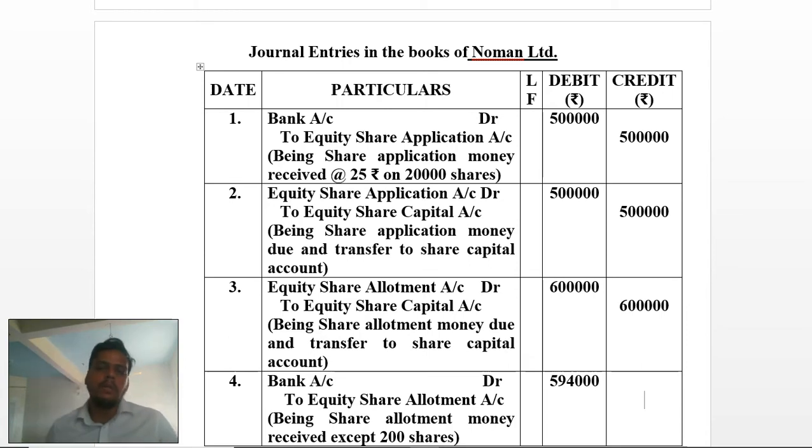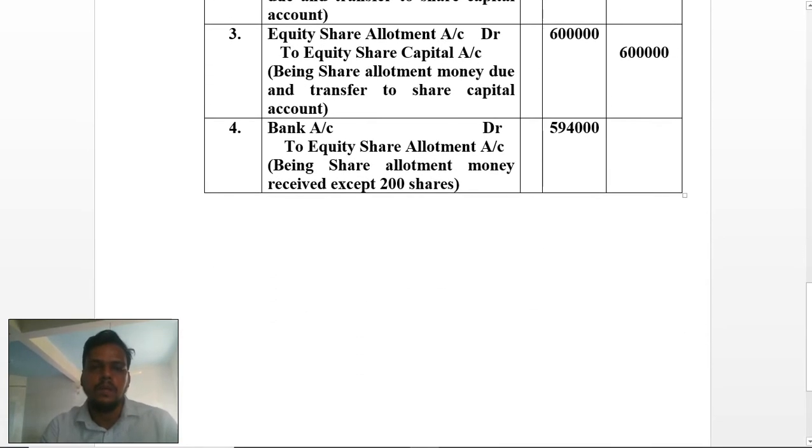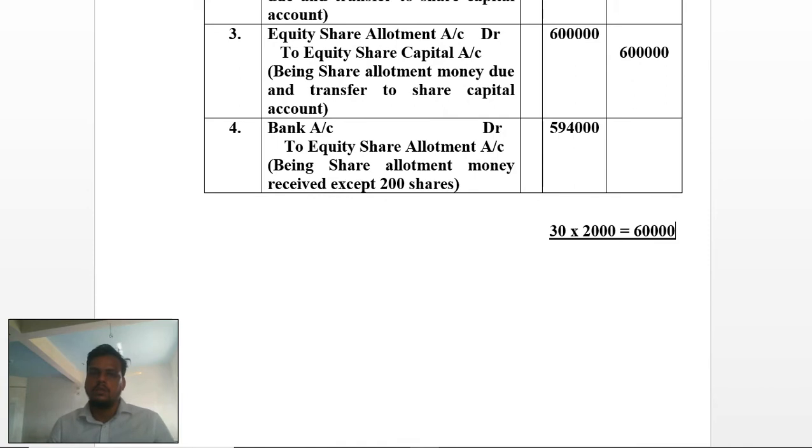So if you multiply 20 into 300, then you will find 6,000 rupees which has not been received here. 30 multiplied by 200 is equal to 6,000, because I had made one more zero here. 6,000 rupees has been reduced here, so the amount will be 5,94,000. This amount has been received by the company except 200 shares.